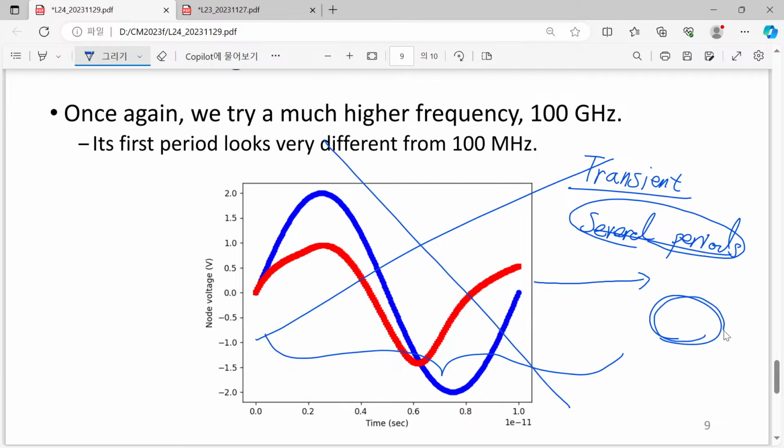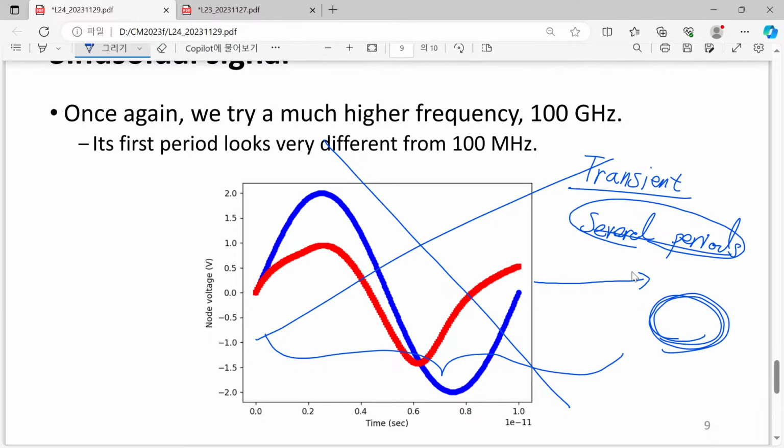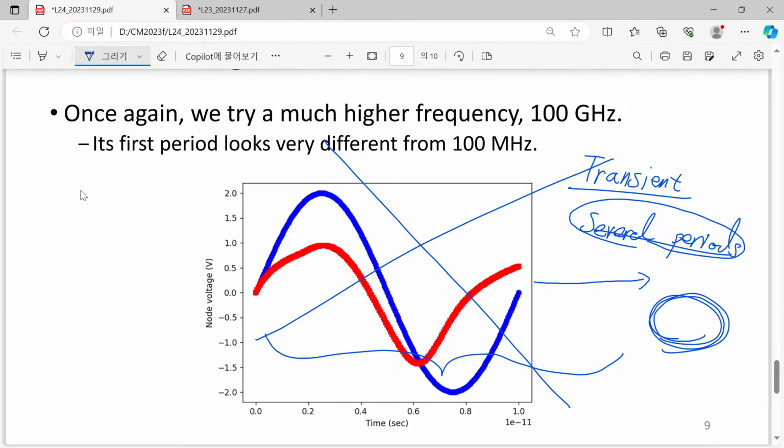Then our question is, what happens if we just insert, for example, a 100 gigahertz signal? Then what is the amplitude of our DC term, what is the amplitude of our 100 gigahertz term, and what is the amplitude of the 200 gigahertz term?